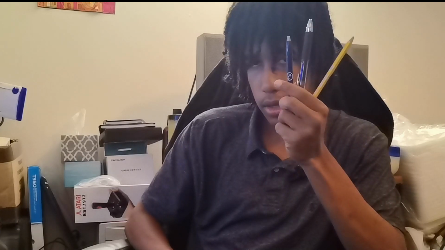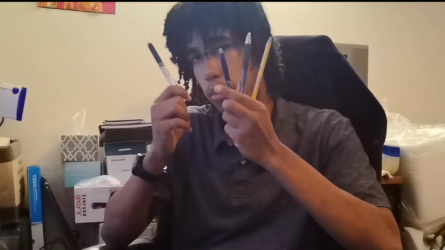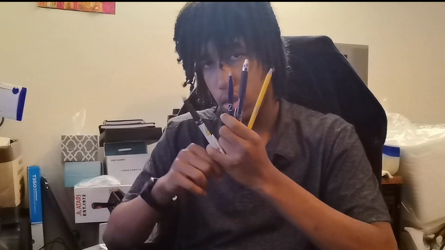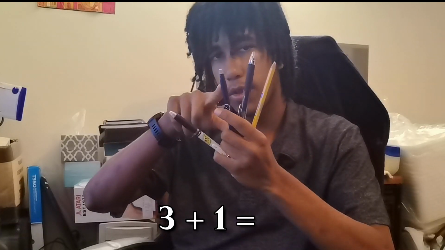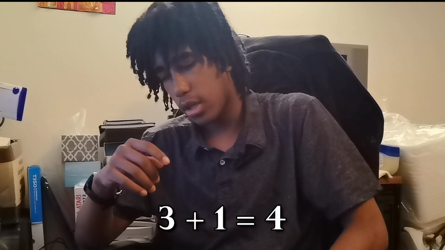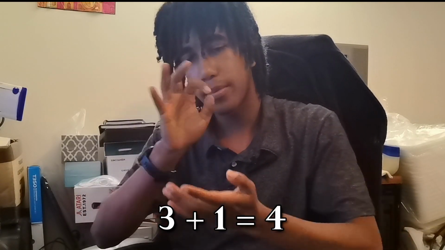Well, you count this side, you count this side. Example, 3 here, 1, 2, 3, 1 here, 1. You bring them together, you count 1, 2, 3, 4. Ergo, I now have 4 pencils.